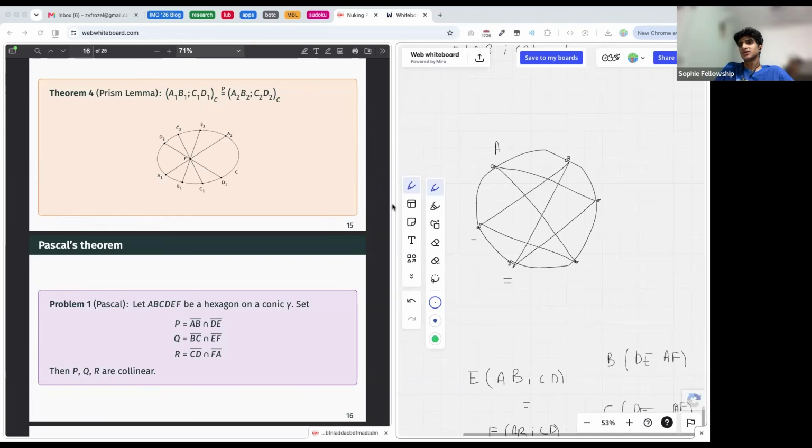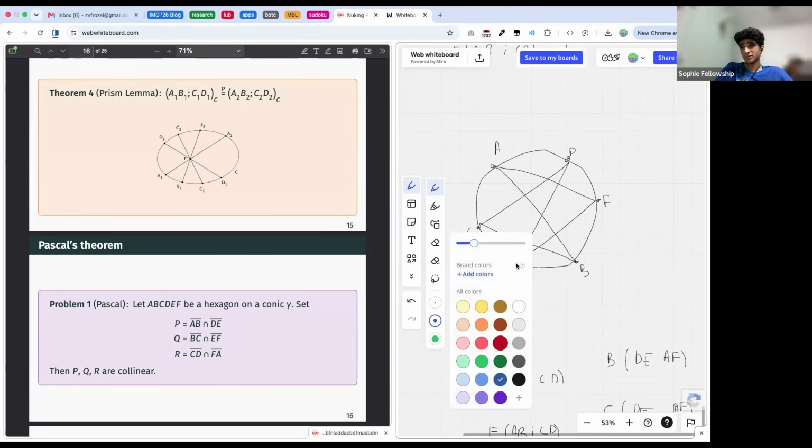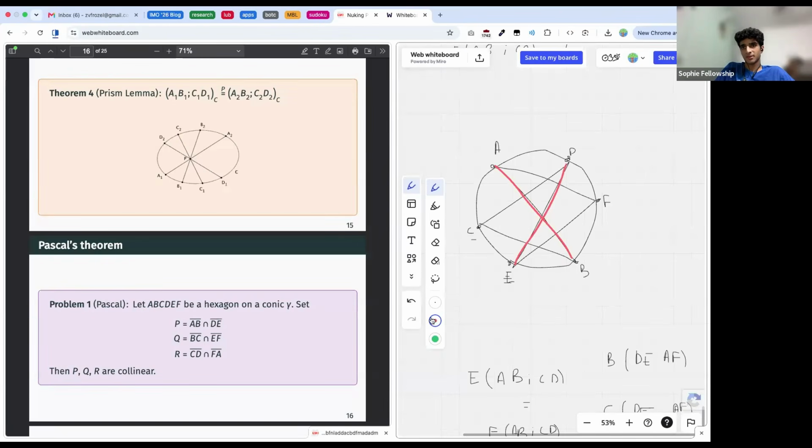Okay. So you have a hexagon ABCDEF, and I'm choosing to label it like this just to make the diagram. Now P, Q, and R are defined as the intersections of opposite sides. Opposite to AB in this hexagon is DE.